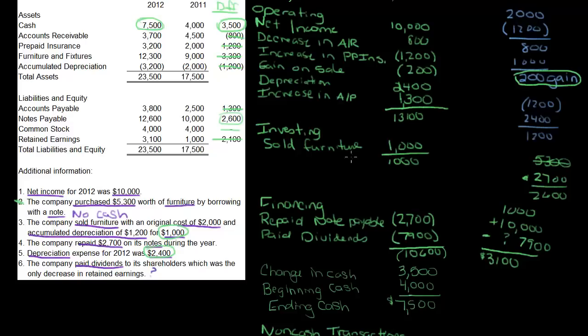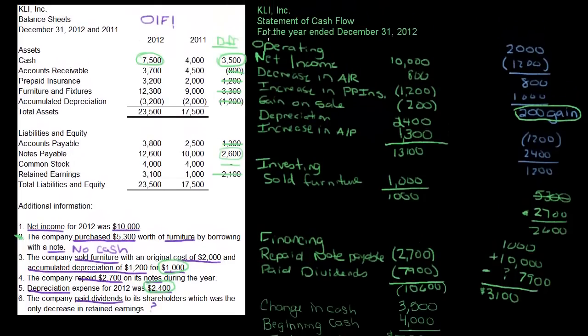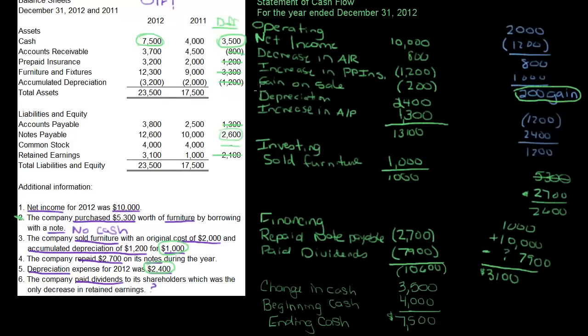Okay, so just to scroll back up here. Okay, so here's the top of my statement. I've got my heading, then my operating section where I've got net income, got my decreases and my increases in current assets and current liabilities. I've got my non-cash items like my gain on the sale and my depreciation.